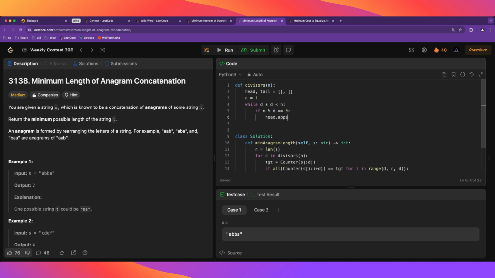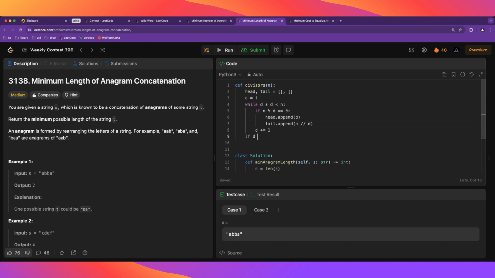I append this divisor, because these divisors, the smaller divisors, are going to be in increasing order, but the b in our equation is going to go in decreasing order. So that's why we add it to the tail.